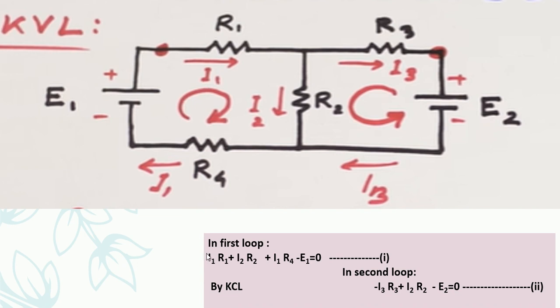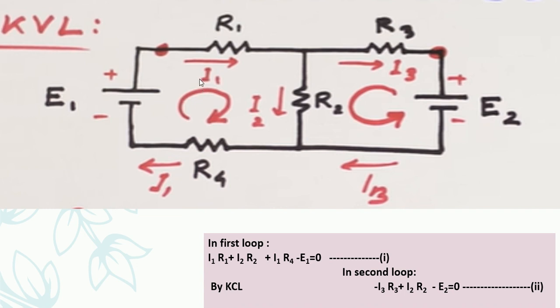As I have told you, if you measure the voltage following the path of current, then I1 R1 is the voltage drop through R1, plus I2 R2, the voltage drop through R2, plus I1 R4. These all will be taken as positive.